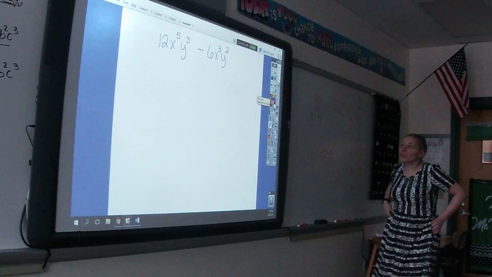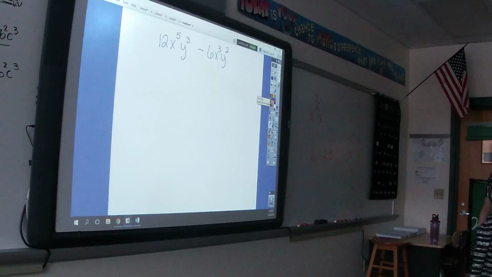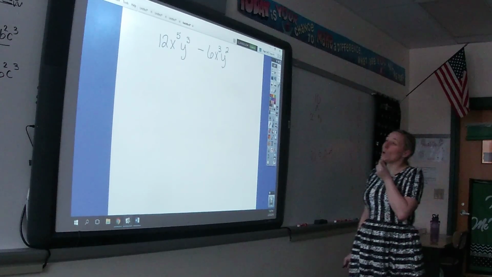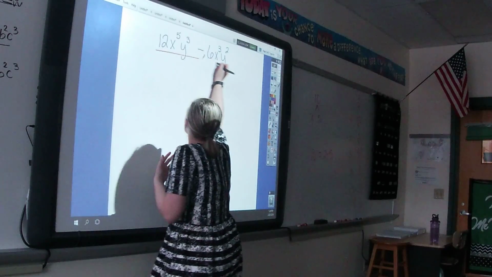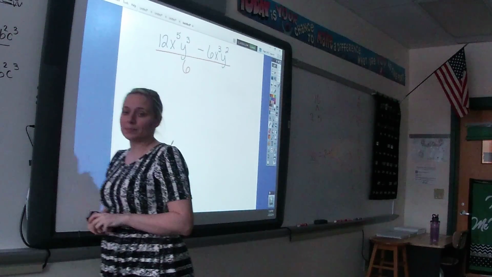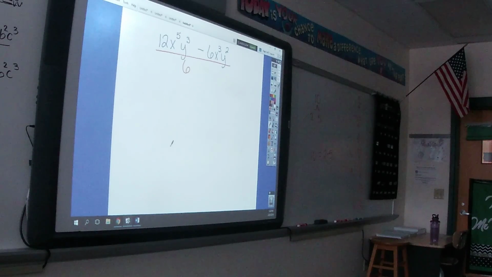12x to the fifth y to the third minus 6x to the third y squared. Okay, so what goes into 12 that will also go into 6? 6, 2, 3, whatever. Do they both have the x?